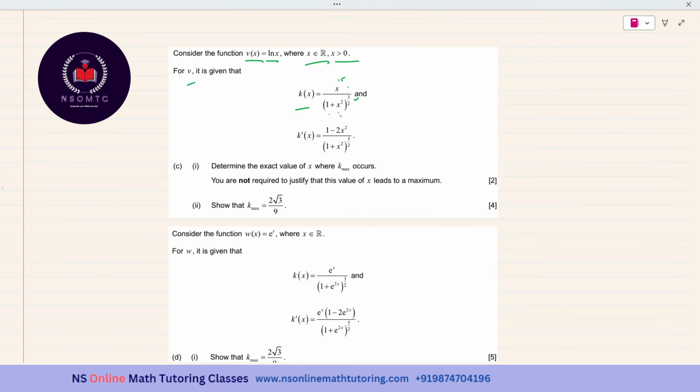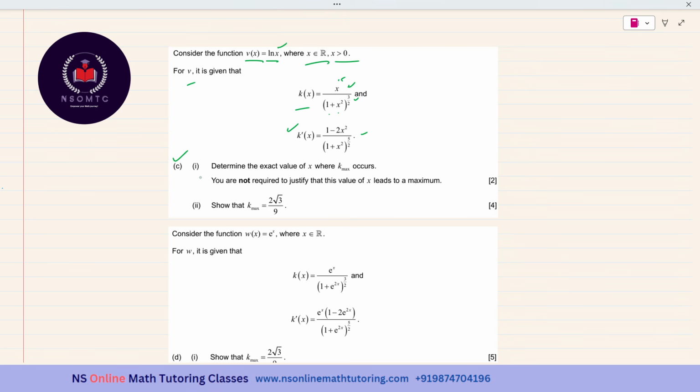It is exactly the same expression, but depending on the function, the first derivative or second derivative expression will be different. And you don't have to differentiate. They have already given us the expression for the curvature k of x and its first derivative, k prime of x, as 1 minus 2x squared over 1 plus x squared raised to the power of 5 over 2.